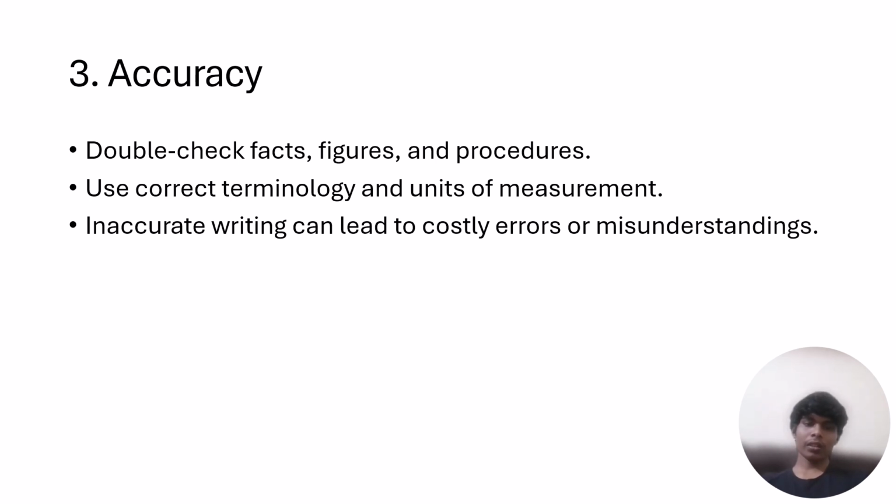We should use correct terminology and units of measurement. Inaccurate writing can lead to costly errors or misunderstandings. So we should maintain accurate language in what we are speaking or writing, and terminology should be good.